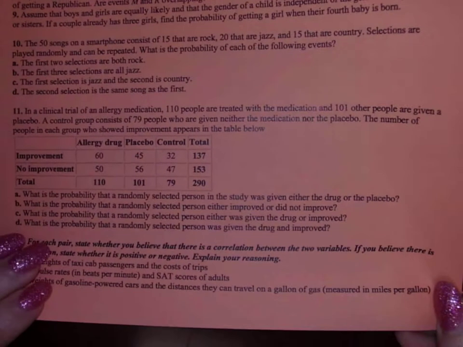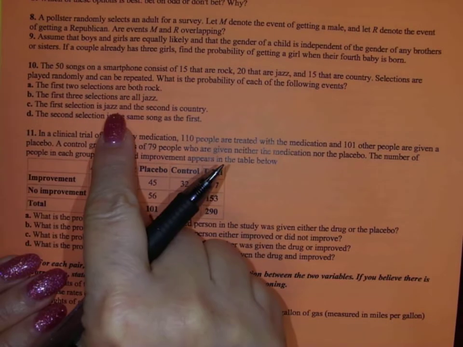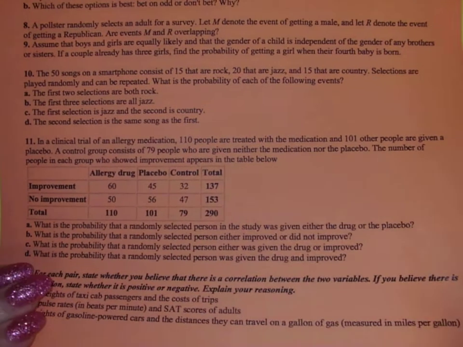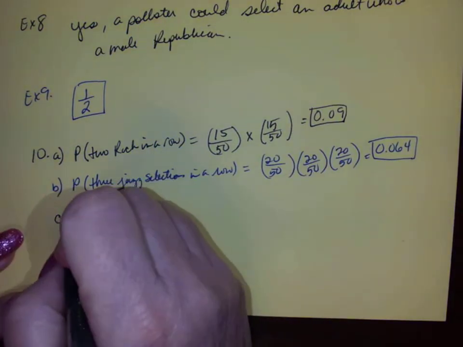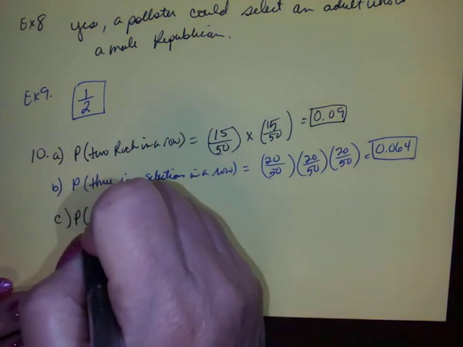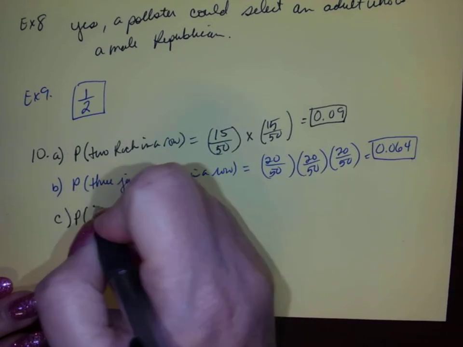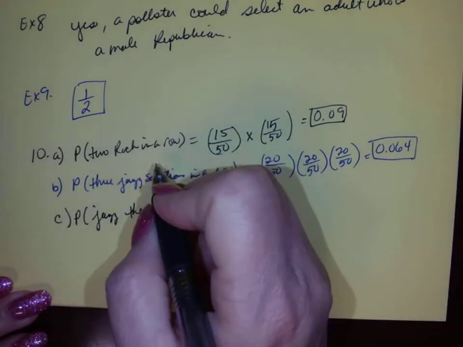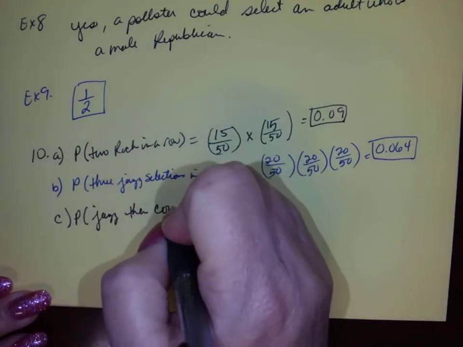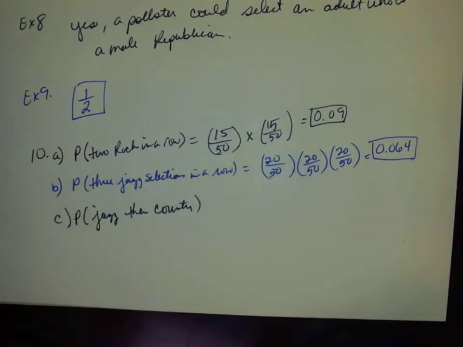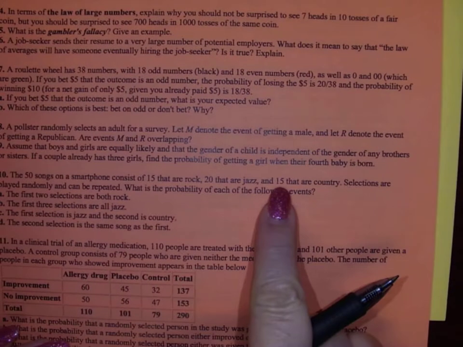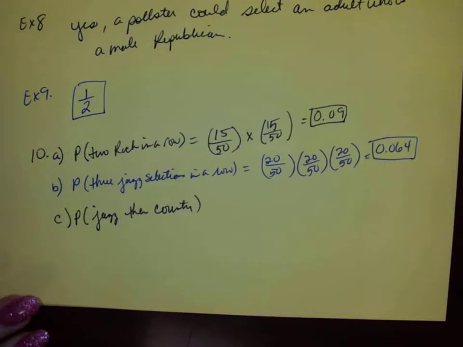For C, it says the first selection is jazz, and then the second is country. So this is the probability of jazz, then country. So the probability for country is 15 out of 50.